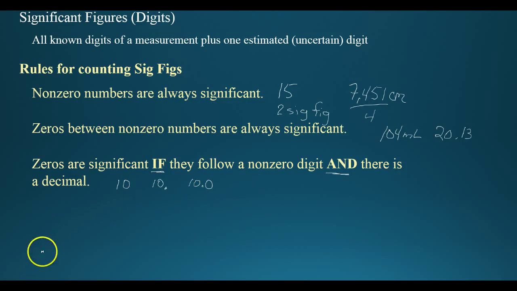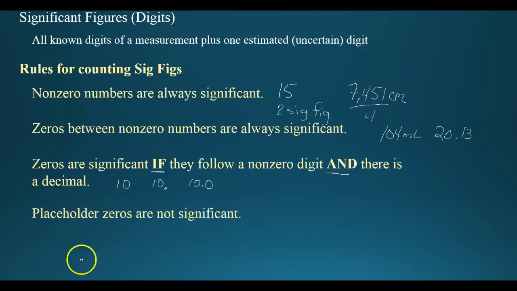Now let's take a look at this. Another rule, placeholder zeros are not significant. What do I mean by that? We have 0.00150. Now this 0, the last one, follows the 5, follows a non-zero digit, and there is a decimal.